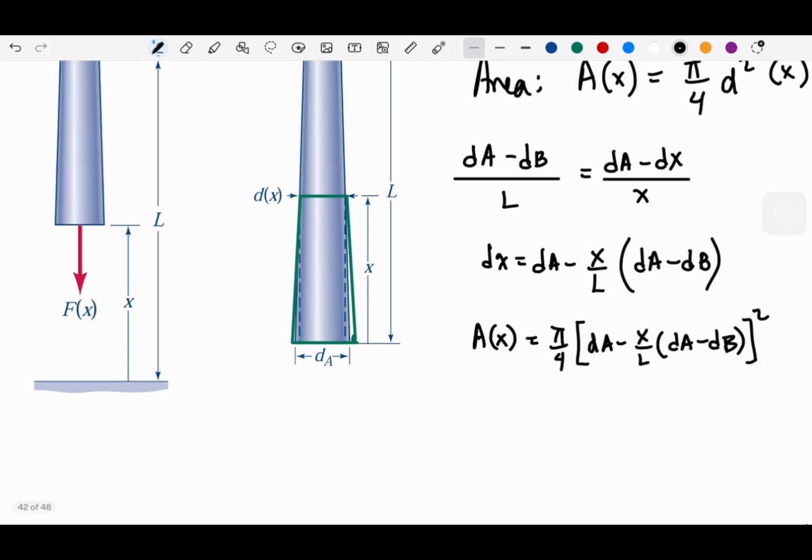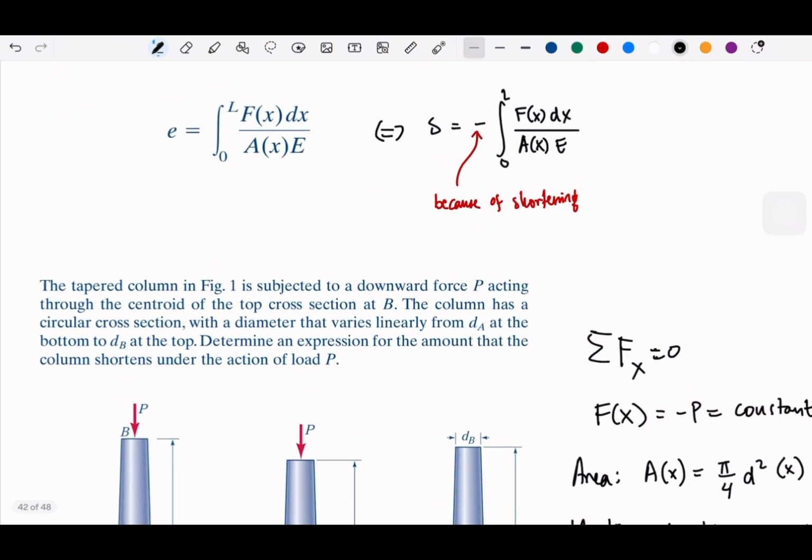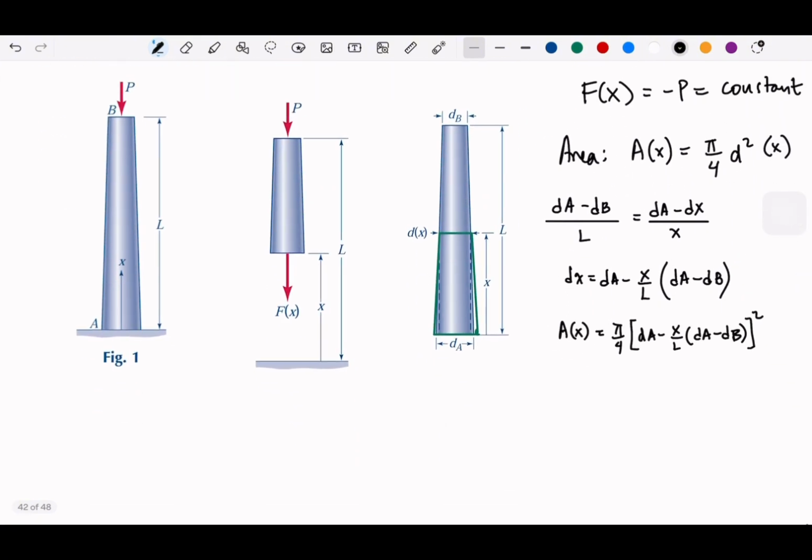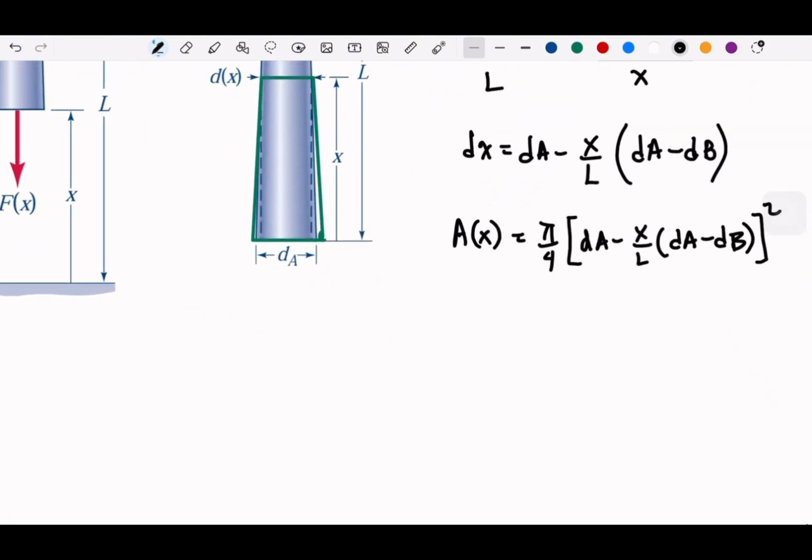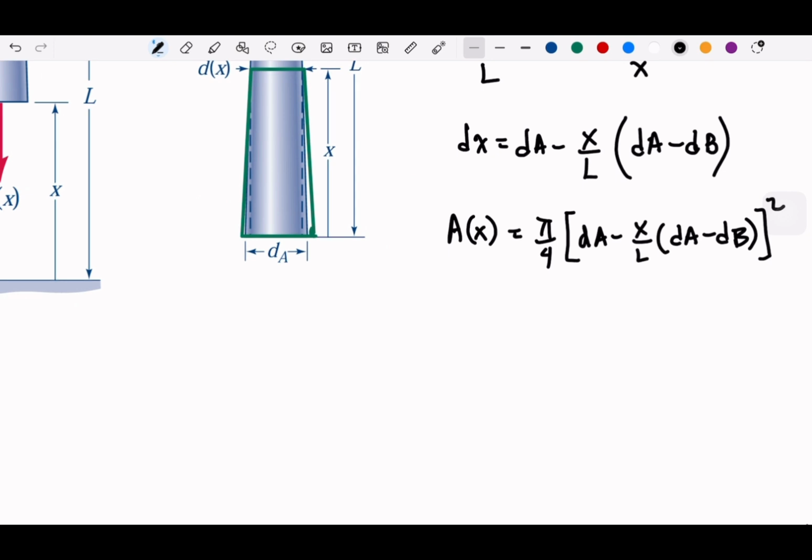And using this area for the integration, that is what we are looking for, this delta. I will write directly inside the equations.